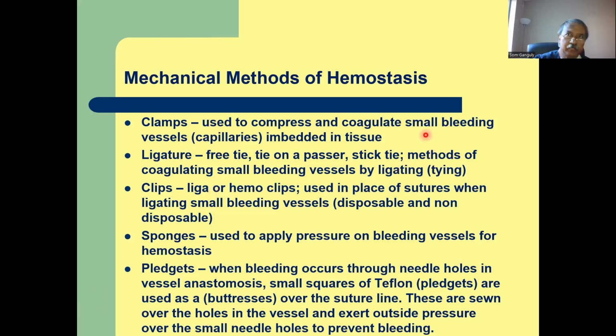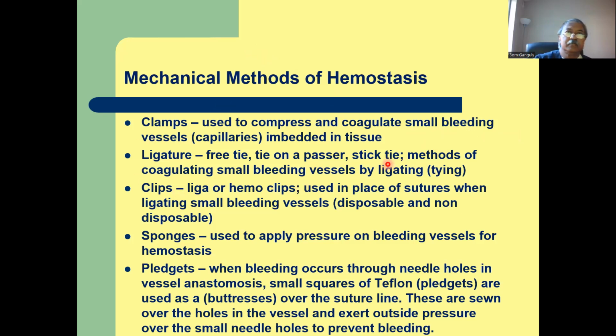To control bleeding of the aorta, we have the largest clamp, which is called the coarctation aortic clamp, that is normally used when they are operating on the aorta.